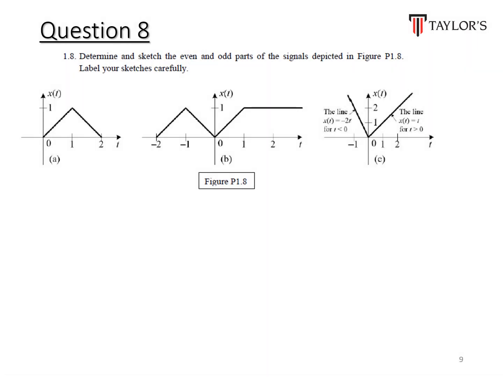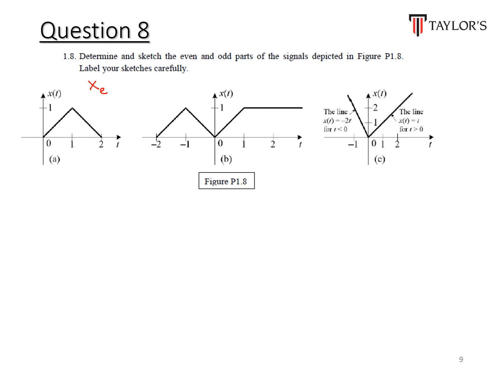Question 8 asks you to decompose a signal into its odd and even part. If you refer to the formulas given in the lecture slide, every signal can be decomposed into an odd and even part.